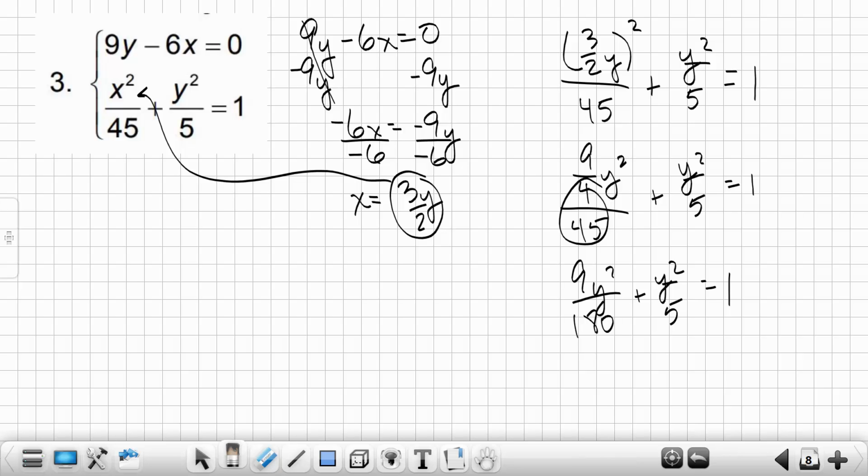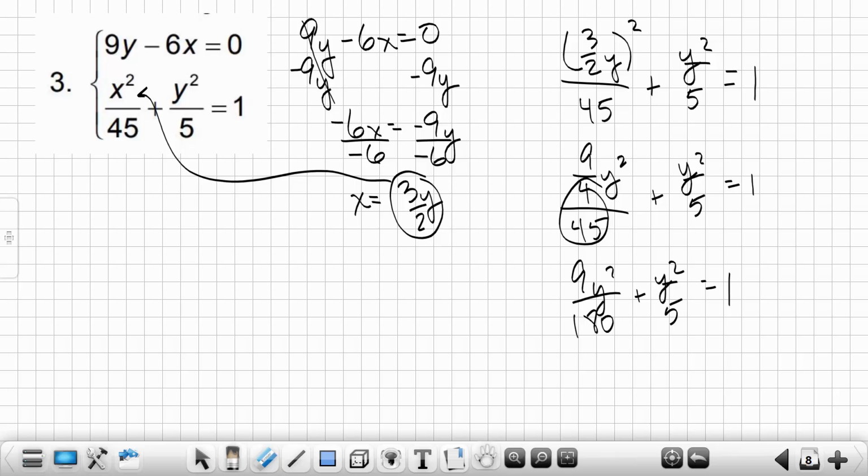But don't you have to multiply 1 by 45? No, I just combined here. I just reduced this fraction. It's a simplification of it. 9 over 180 reduces, so now we reduce this.